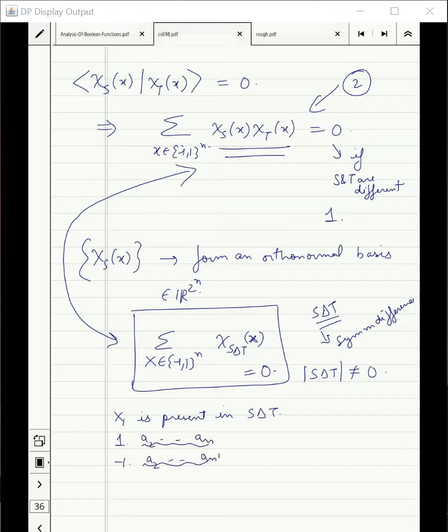What happens? Their contribution gets cancelled out. All my x's can be divided into such pairs. And this is the proof that this quantity is 0.